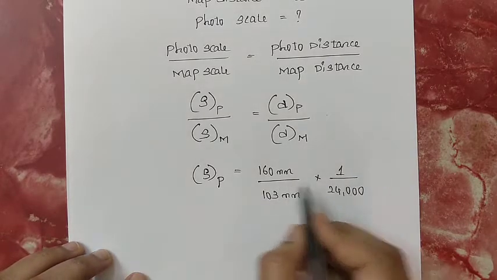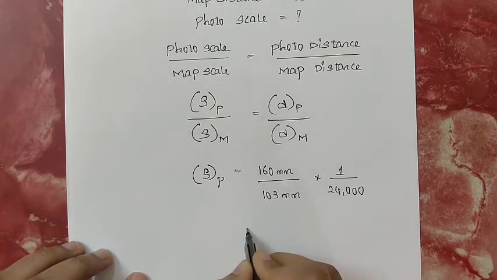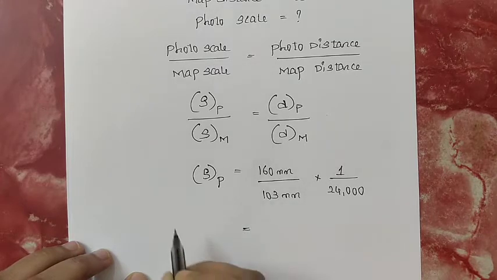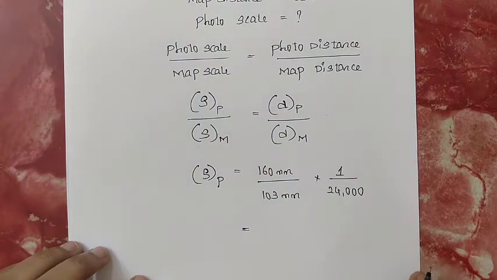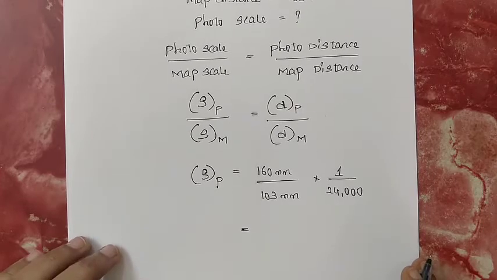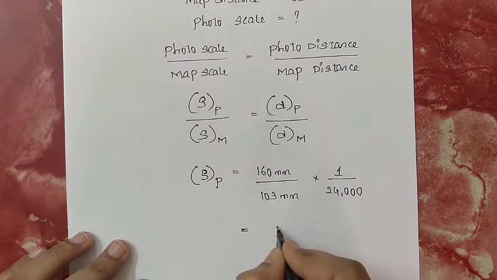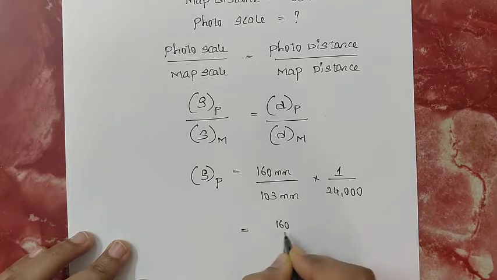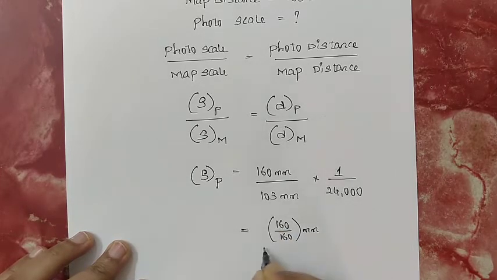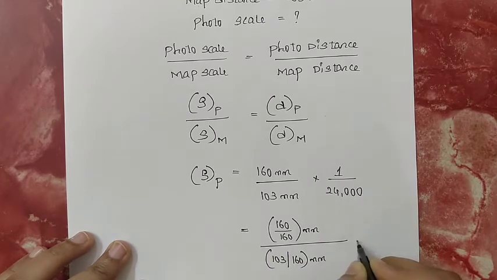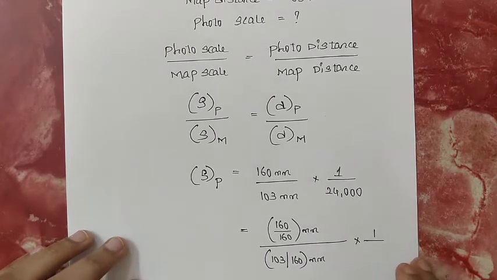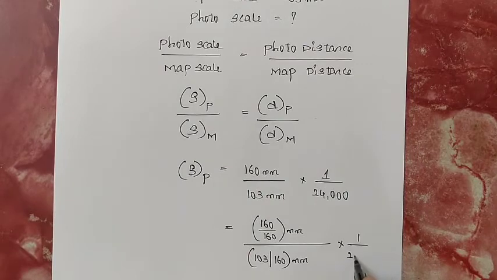Now you can observe here, in order to calculate the photo scale, you need to make the numerator a unit value, that is 160 mm divided by 160 mm, whole divided by 103 mm divided by 160 mm, multiplied by 1/24,000.